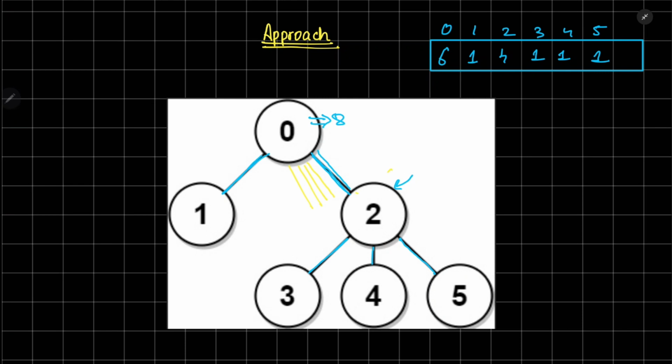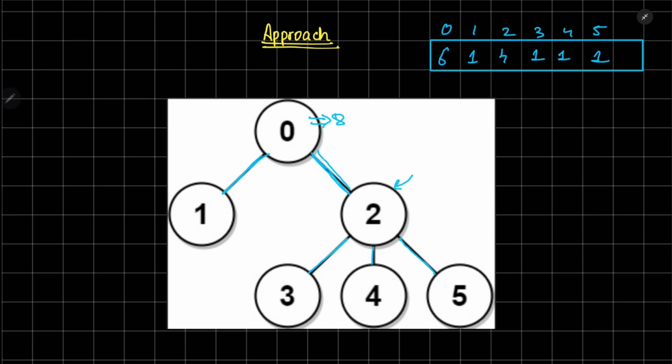Because the number of nodes here were 4, and we have to travel to them, and each time we will have to go through this edge. But now for getting to 3, 4 and 5 we will just use these edges. We will not require this edge again and again, as we are getting the answer from 2. But this 8 will contain the path or the distance for reaching these 3, 4 and 5.